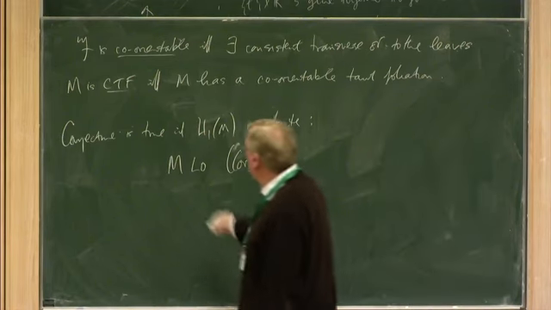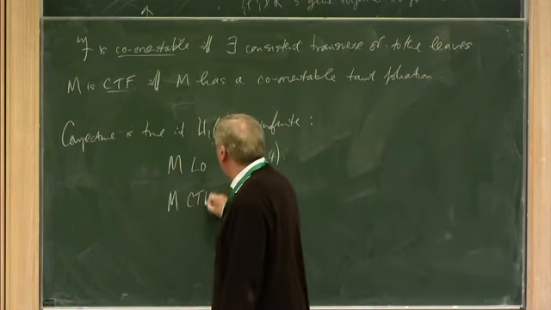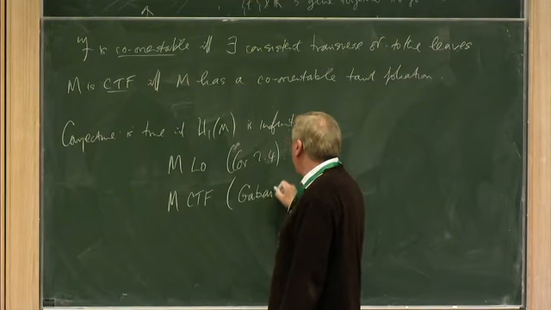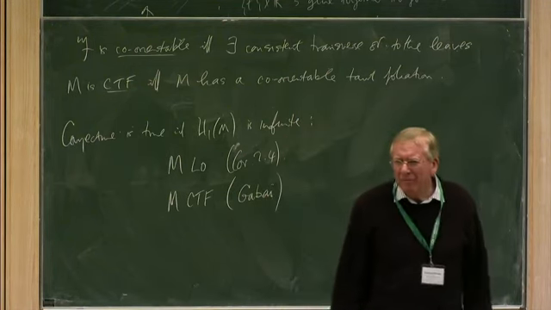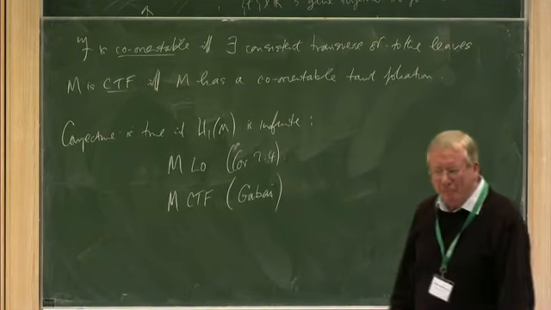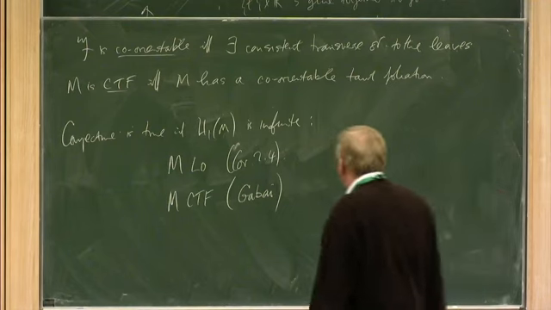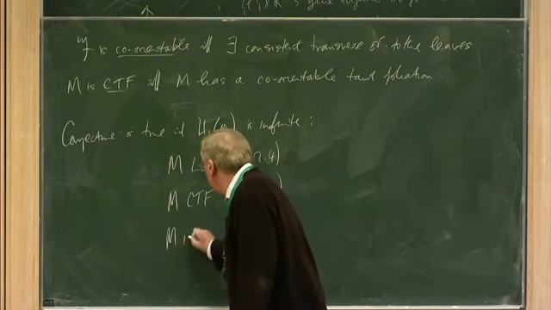It turns out that M always has a co-orientable taut foliation, and this was famous work of Gabai back in the 80s, I don't know, 90s or so. And finally, M is not an L space.